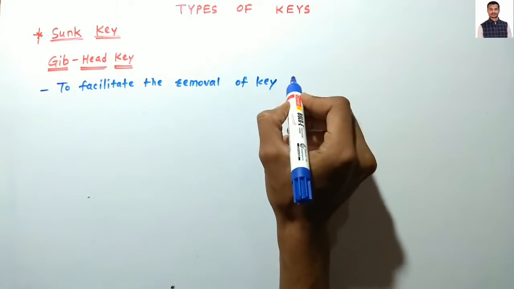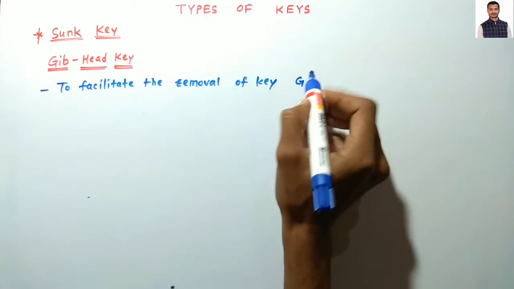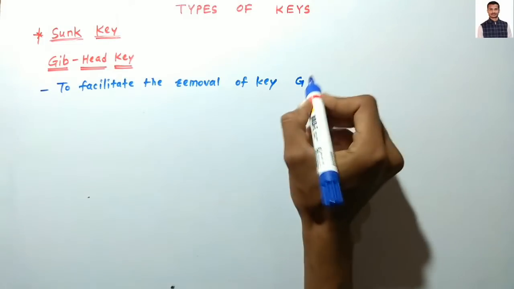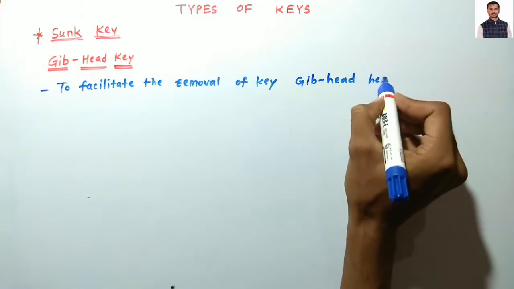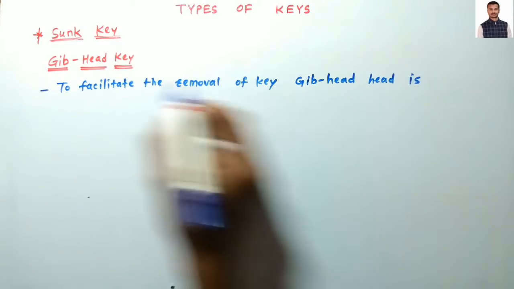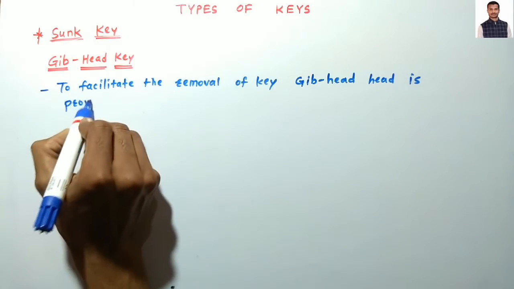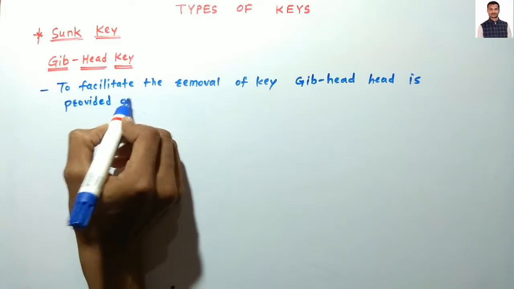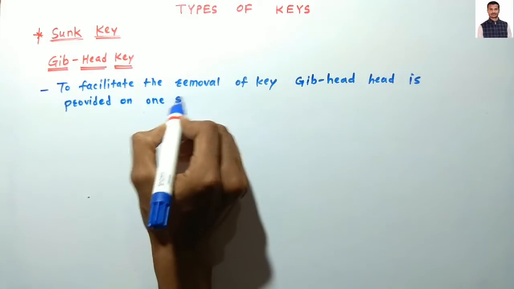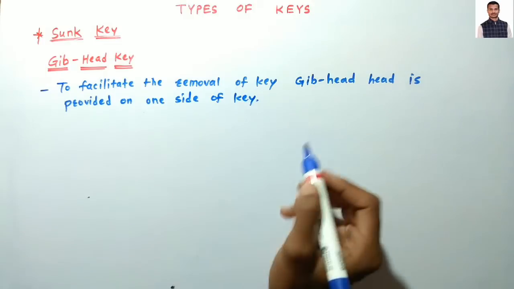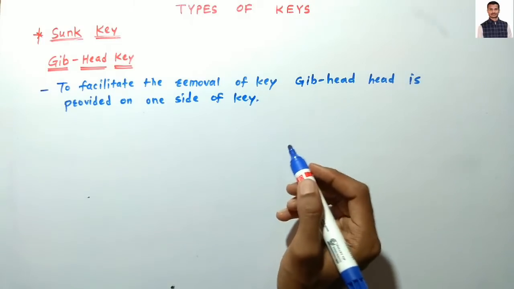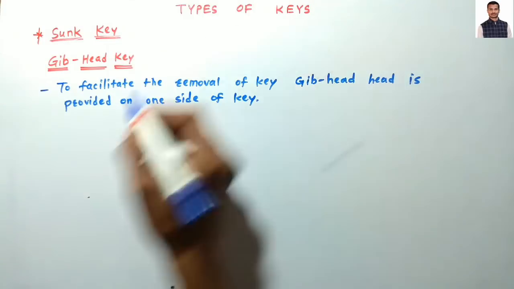To facilitate the removal of key, gib head is provided on one side of the key. Gib head is provided on one side of key. Now how it looks like, let us see.